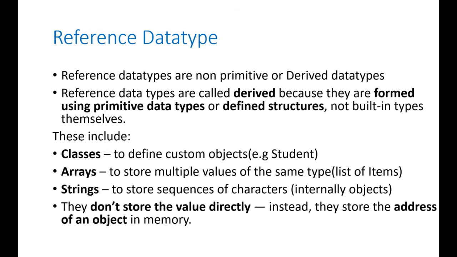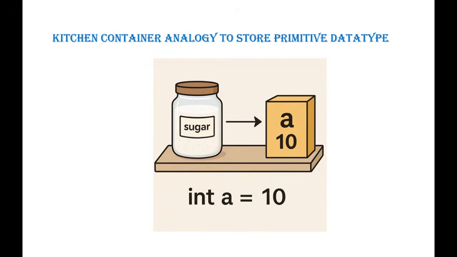In the previous video, we used a kitchen container analogy to understand primitive data types. In a kitchen, we have a container that we use to store sugar. So we fill sugar inside a container and label it as sugar.